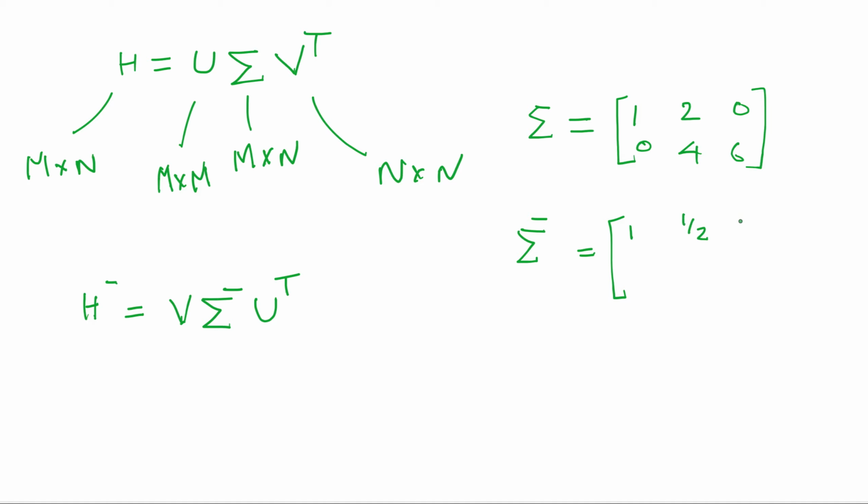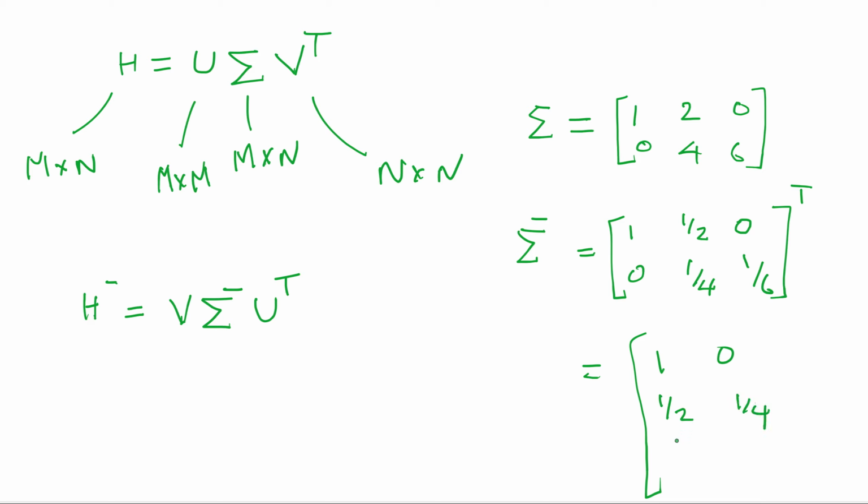This will be 1 by 2, and you will be writing 0 as it is, 0, then 1 by 4, then 1 by 6. Then we have to take the transpose of this matrix. So it will be, first I will have 1, 0, then 1 by 2, 1 by 4, then 0, 1 by 6.